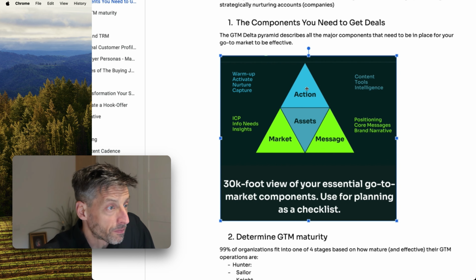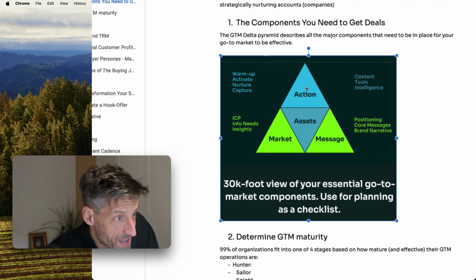Okay, and finally, the fourth component of your GTM is action. These are the campaigns. This is when we're actually engaging the market. And these are all the campaigns that we usually run, which fall into 4 categories: warm-up campaigns, activation campaigns, nurturing campaigns, and general demand capture, digital demand capture, okay?